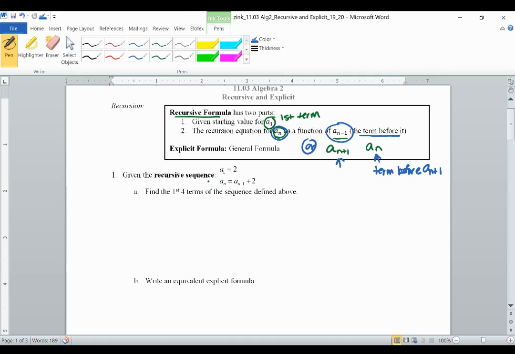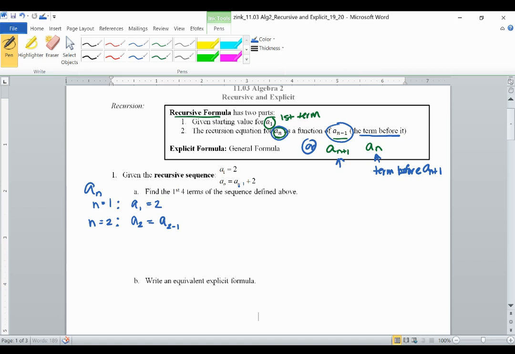So we know the first term, a sub 1 is 2. Okay, so we need 3 more terms. So now I need to find a sub 2. If I want to find a sub 2, that little sub number, because remember this is a sub n, means n must be 2. So here, n was 1. So now I have n equals 2. So I'm going to sub in a 2 for my n.